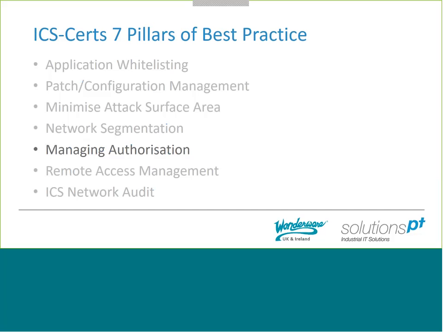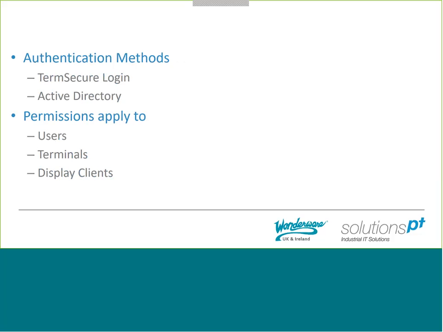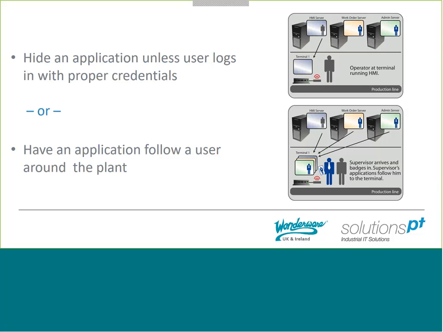So then if we look at managing authorization, we're going to go back to the ThinManager example again. So what we can do is we can utilize Active Directory, pull that through into ThinManager, make it really, really easy to use and manage, and then we can look at how we divvy up this content to the users. So in the top there, we've got an operator and his terminal that's running a HMI.